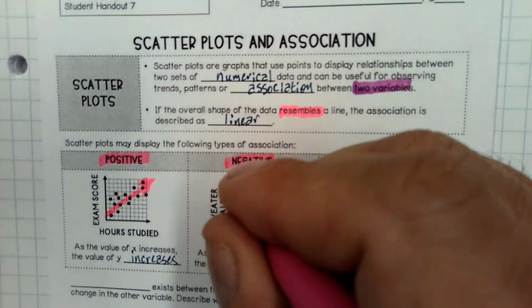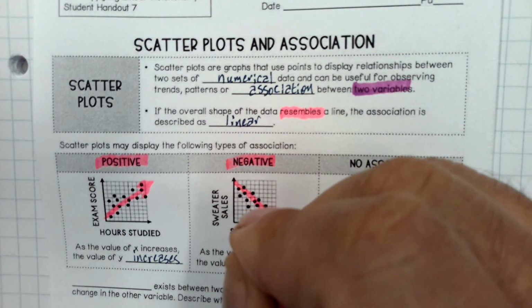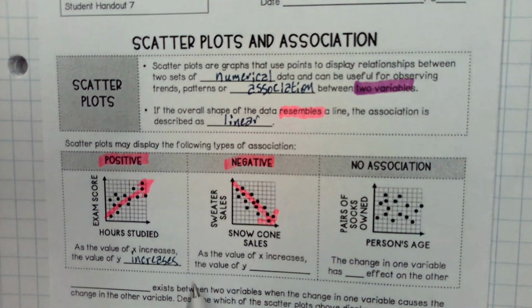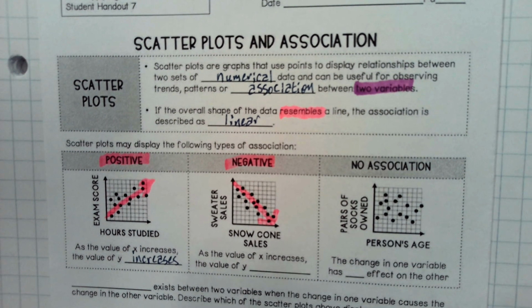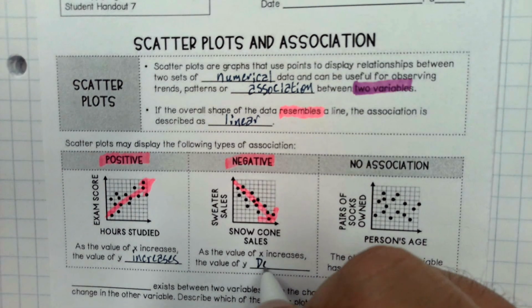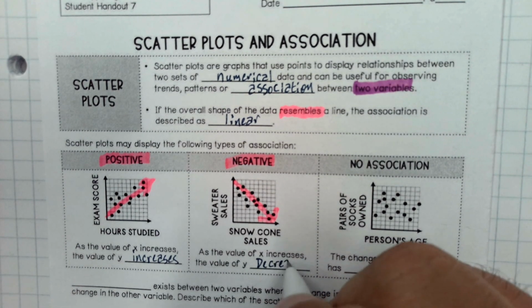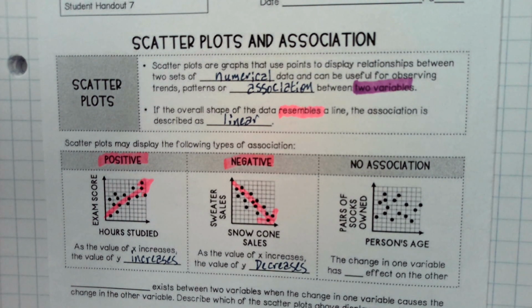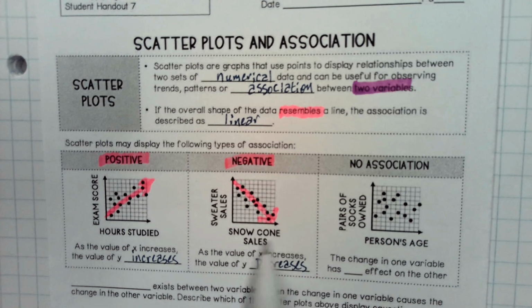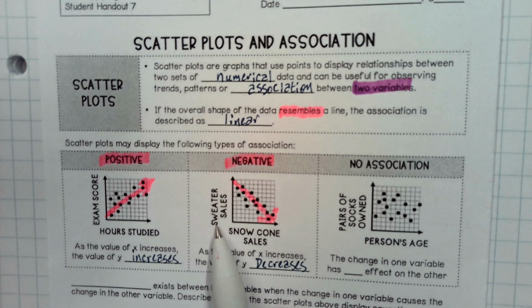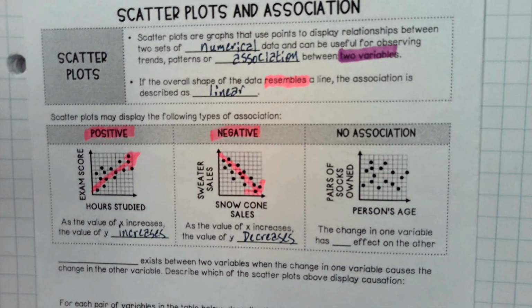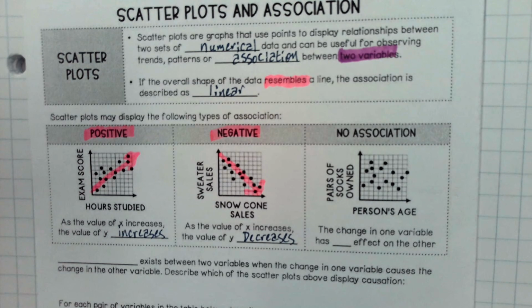So this one has a trend that's downwards. It's decreasing. So as the value of x increases, the value of y decreases. So what do we have here? Snow cone sales and sweater sales. Two things you would think don't have any connection, right?